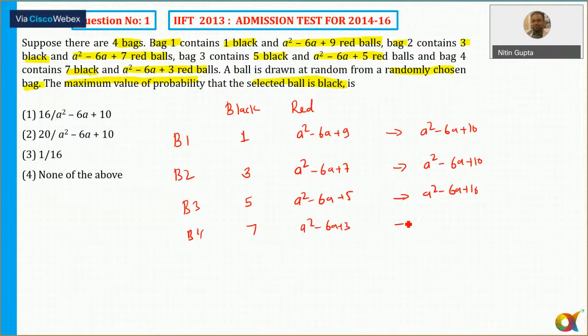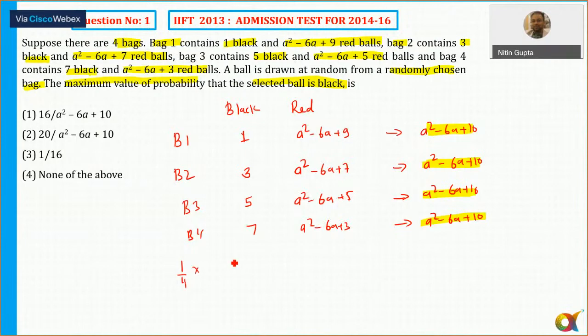First of all I need to select one bag. The probability of selecting any bag is 1/4. So the probability of selecting bag B1, B1 को select करने की probability 1/4 है, और उसमें से black की probability क्या हो गई?